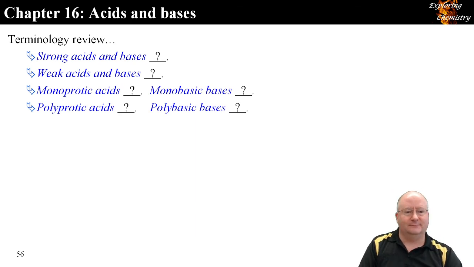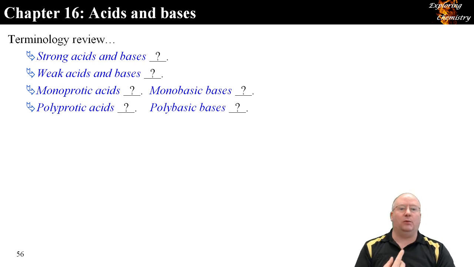Don't monoprotic acids only have like one hydrogen rather than like two or three? Haley, excellent. Yes. Monoprotic acids can donate only one proton. Monobasic bases can accept only one proton. Polyprotic acids can donate more than one proton. Polybasic bases can accept more than one proton. Good. That's using the Bronsted-Lowry definitions of acids and bases.